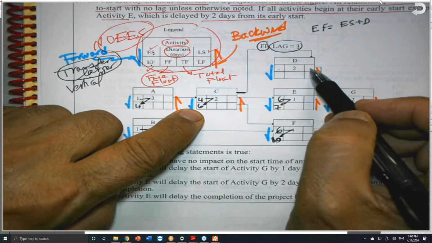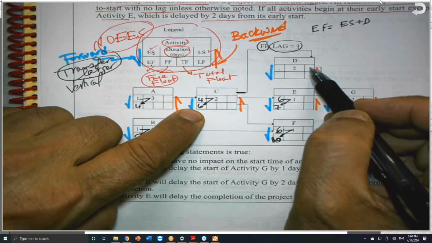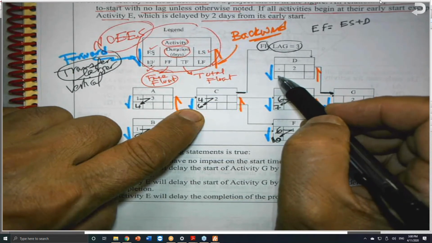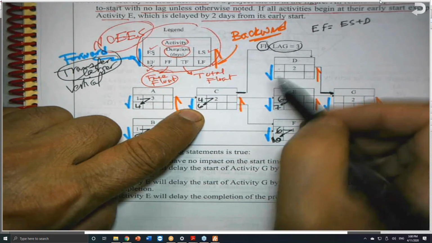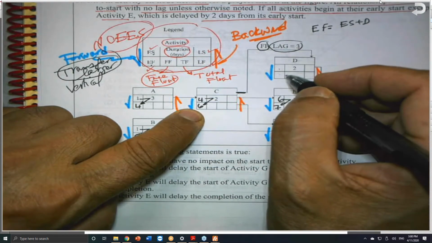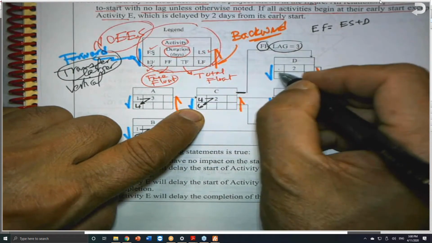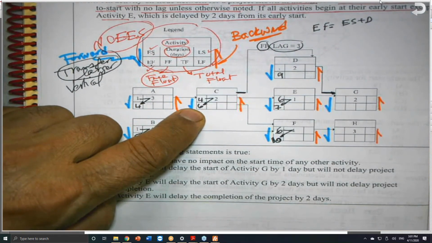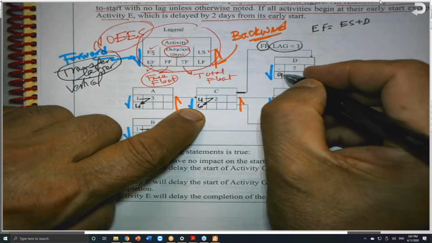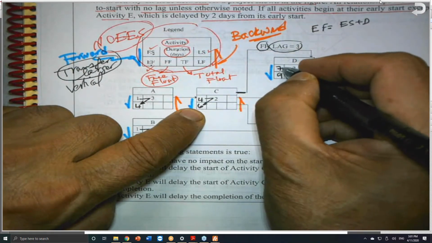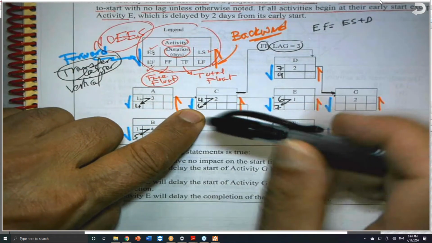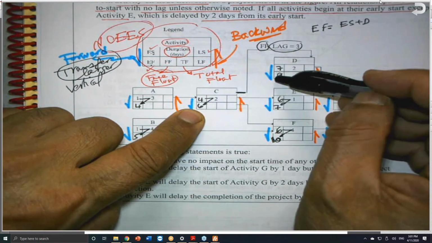So this is the early finish for D. The difference between this and this must be 9, because 9 minus 6 gives you 3. Right now, 9 minus 2 gives you 7. And this is the trick here. If there is no lag imposed, I will move the 6 and put it here. 6 plus 2 gives you 8.